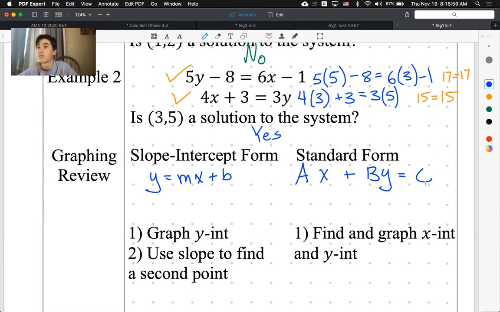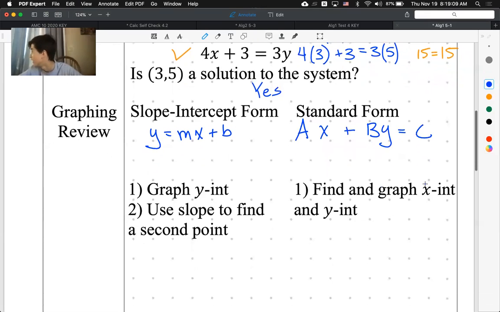So those are the two types of forms that it's going to be giving you on the homework tonight. It will not give you point-slope form, although you should know how to do that one as well. So let's review, how would you graph each of these? And remember that m over here is our slope and b is the y-intercept.